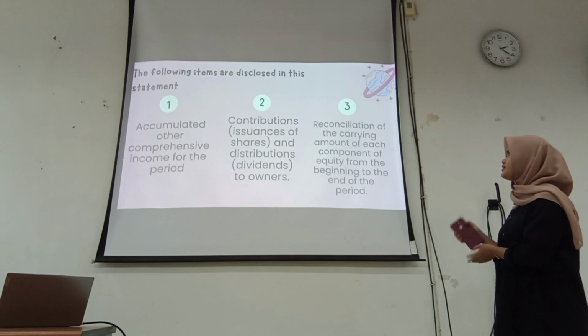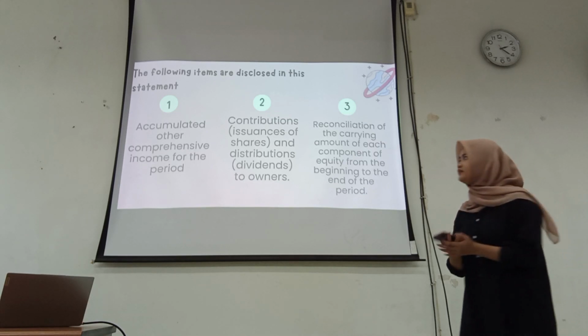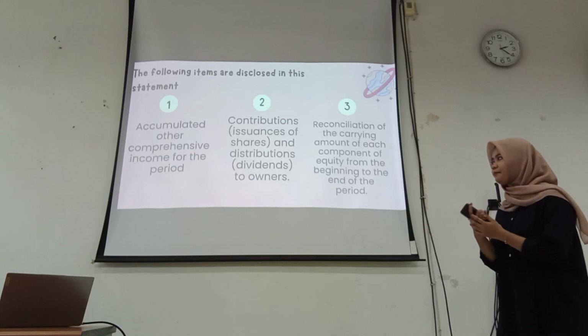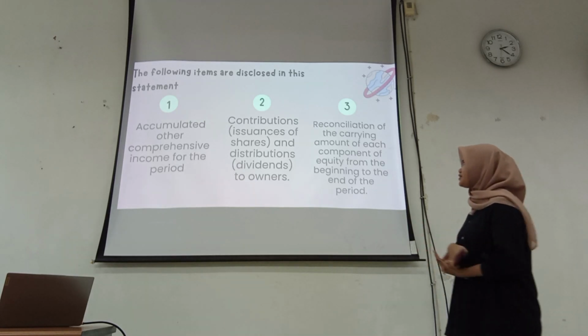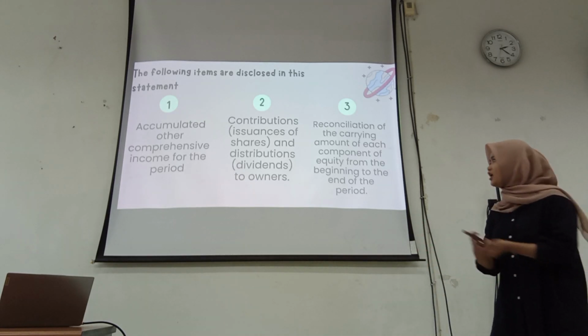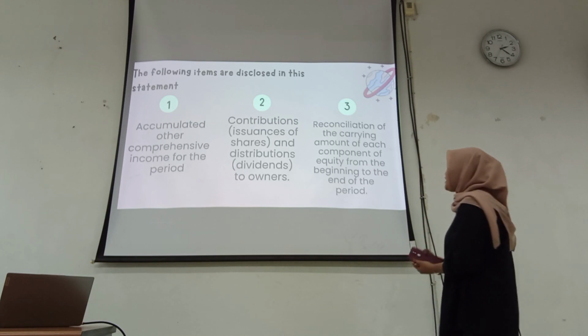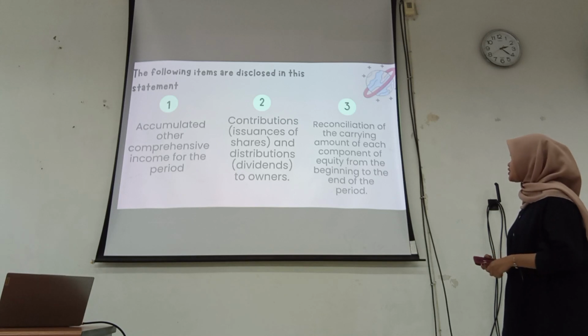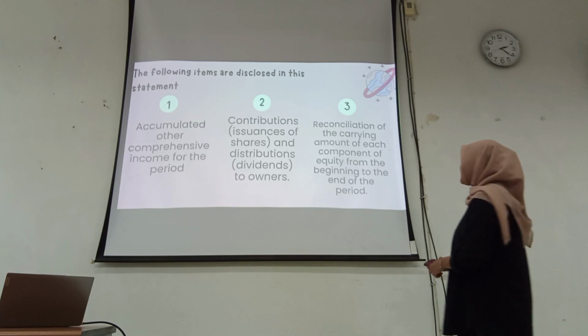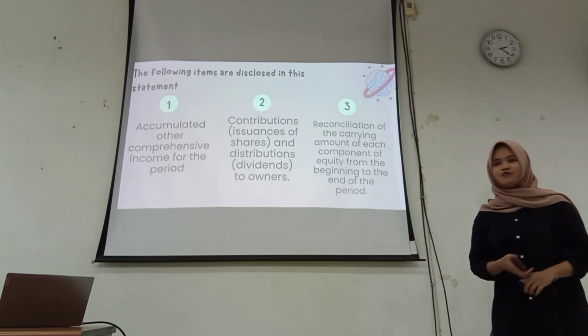The following items are disclosed in this statement. First, accumulated other comprehensive income for the period. 2. Contribution, issuance of shares, and distribution or dividends to owners. And 3. Reconciliation of the carrying amount of each component of equity from the beginning to the end of the period.